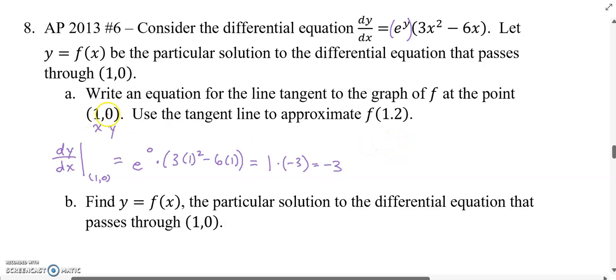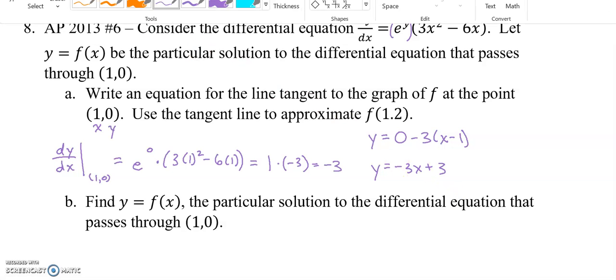So our point is (1, 0), and our slope is -3, so we can say the tangent line is equal to the y value plus the slope times x minus the x value. Okay. Yes, you can definitely write this in a simpler way. Maybe we would write it as y equals -3x plus 3. They're both correct, so either or, and that would be the first part of part A.